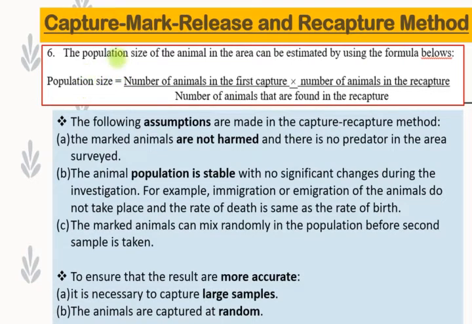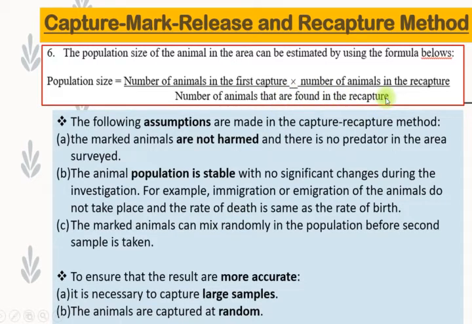Population size equals the number of animals in the first capture times the number of animals in the second capture, divided by the number of animals that are found in the recapture.